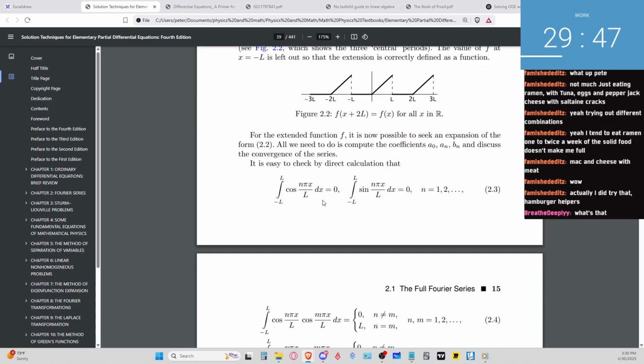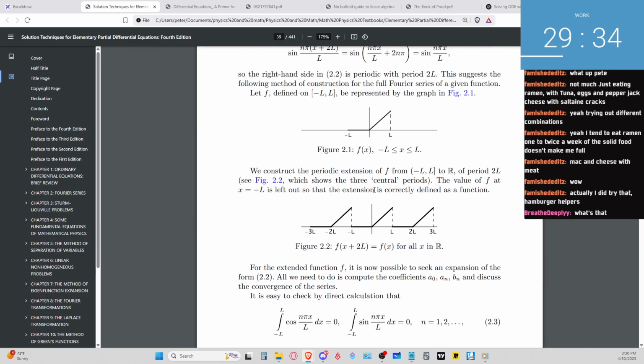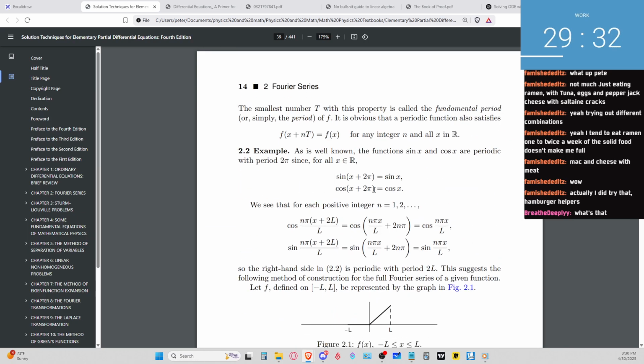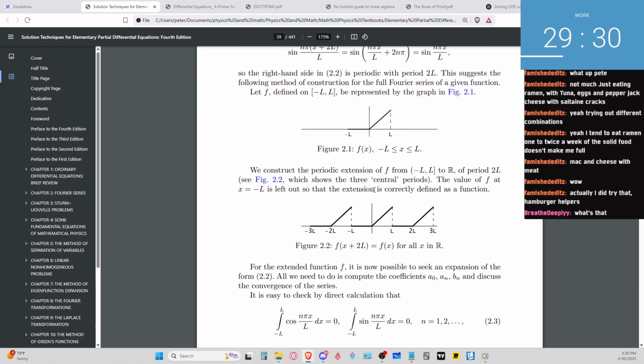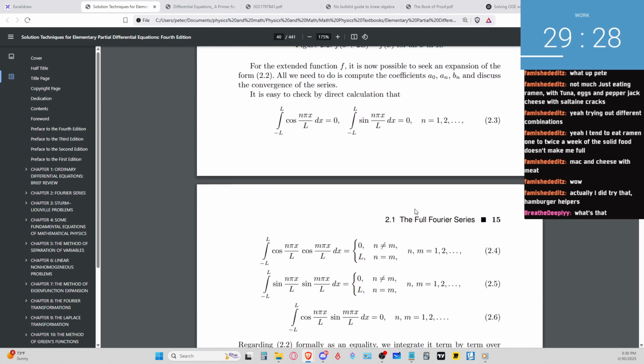Oh, hello, breathe deeply. What's the best part of your day so far? Yeah, I'm trying to read more on Fourier series. We just hit this section just now. Do I know enough math to get through, to understand it? Maybe not.